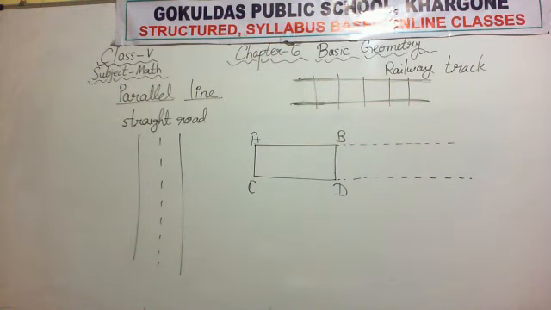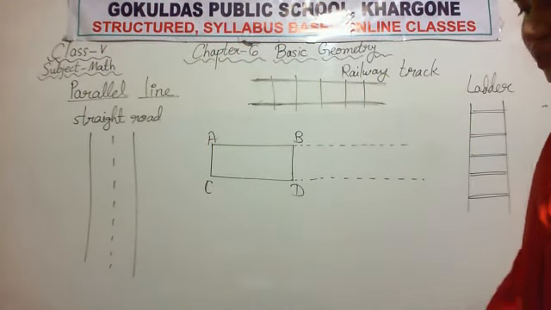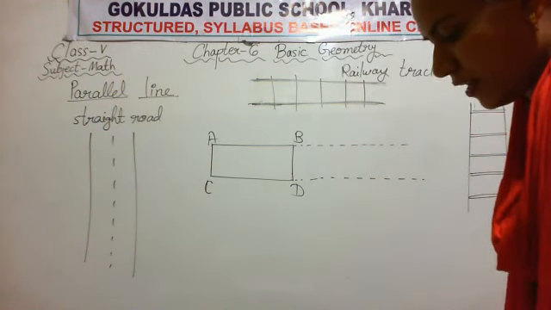One more example I am giving is a ladder. A ladder is also an example of parallel lines, or the opposite sides of a rectangle. So these are some examples of parallel lines.